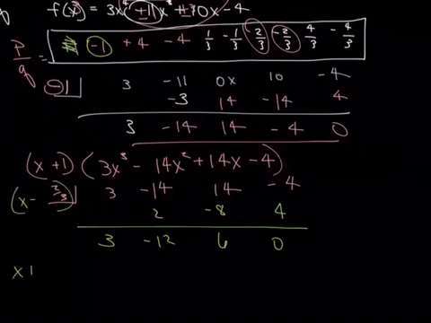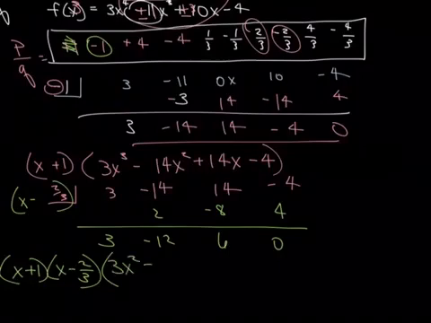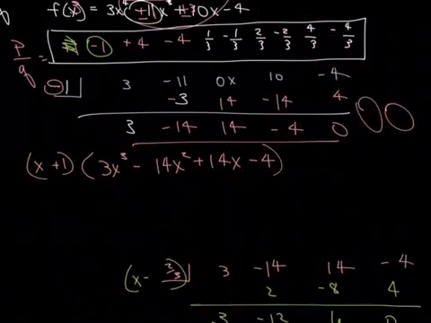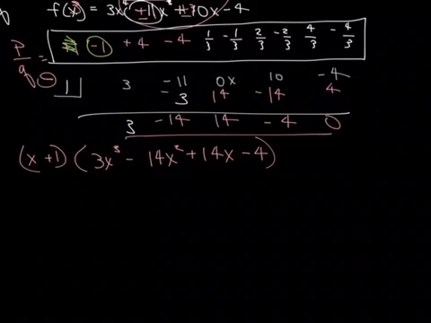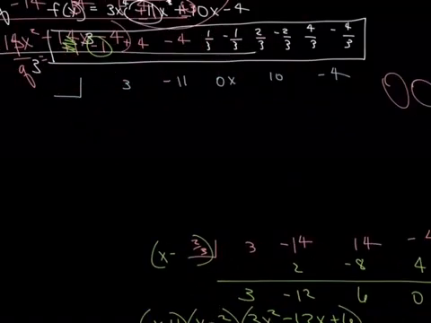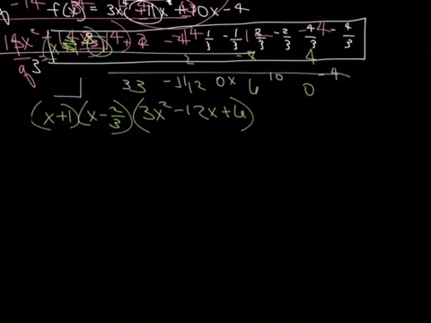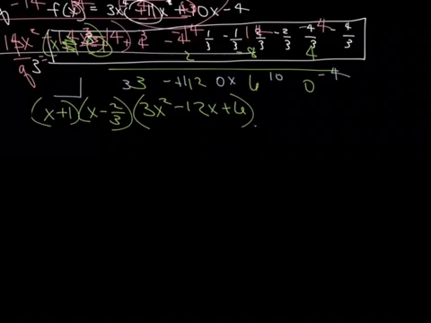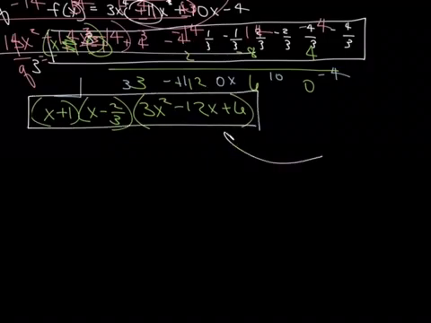So x plus 1 works. x minus 2/3 works. And that leaves me with 3x squared minus 12x plus 6. Now we can just use the quadratic formula and figure that one out.